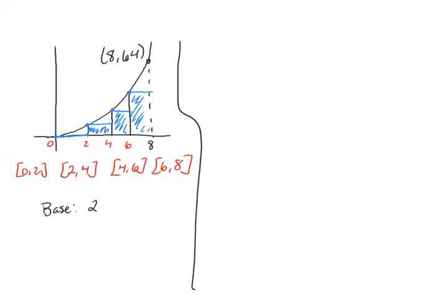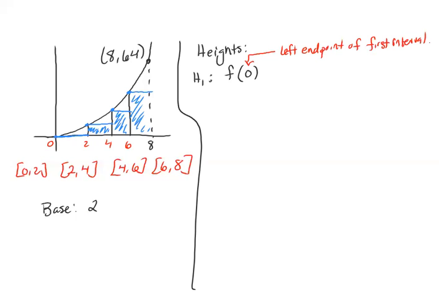The heights, we're using the left endpoint. The height of the leftmost rectangle we get by taking f of the left endpoint, 0. This is the left endpoint of the first interval. Similarly, the height of the second rectangle I get by taking f of 2.